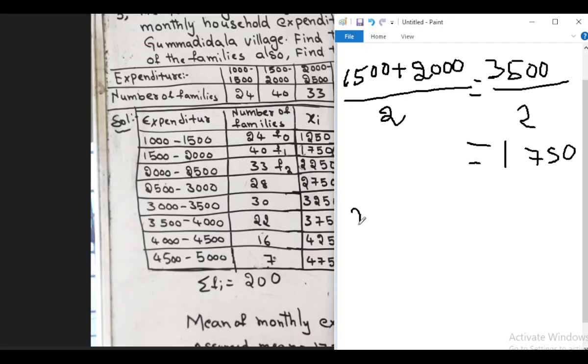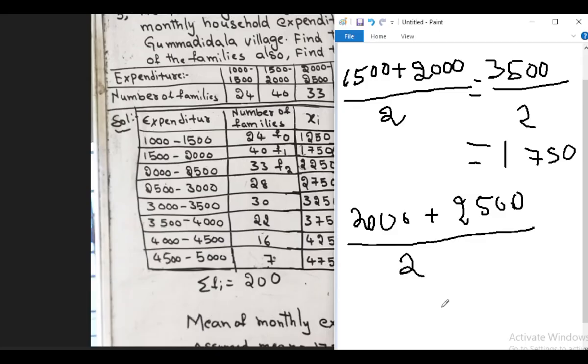Then the next class midpoint, 2000 plus 2500, which is equal to 4500 by 2. For cancellation, 2 2s, 2 5s. 2250 is the next class midpoint, the next class mark.